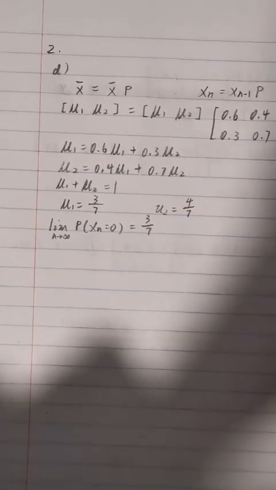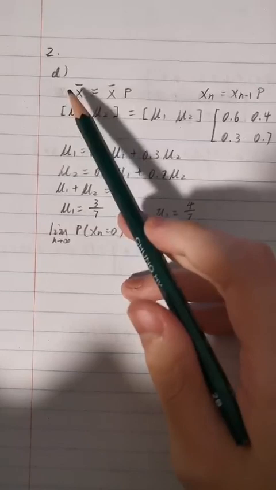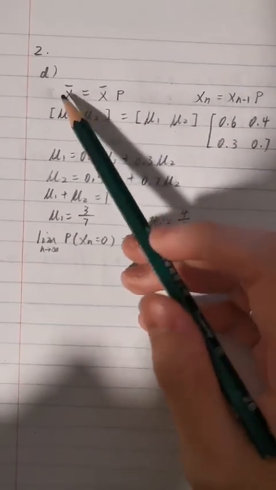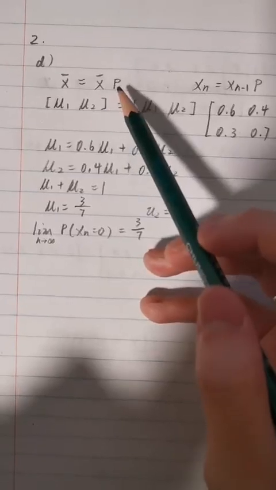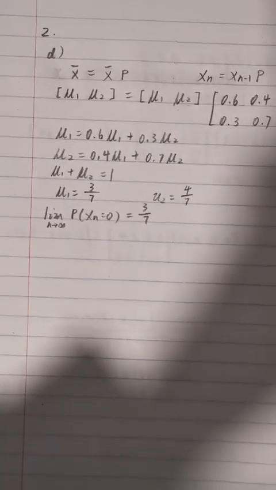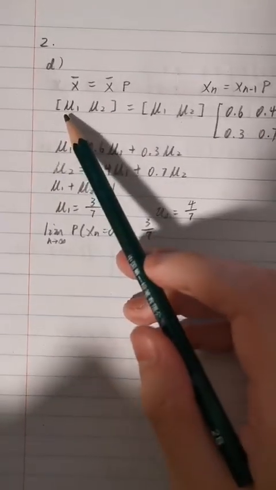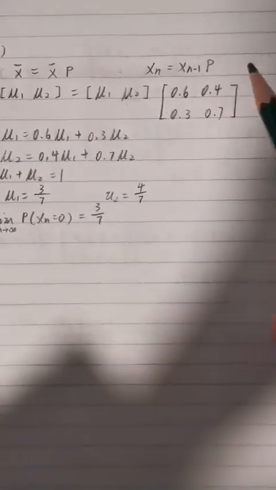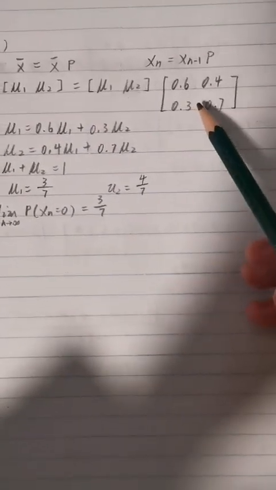So we can use mu, where mu equals mu times P. So mu1, mu2 equals mu1, mu2 times the matrix P.